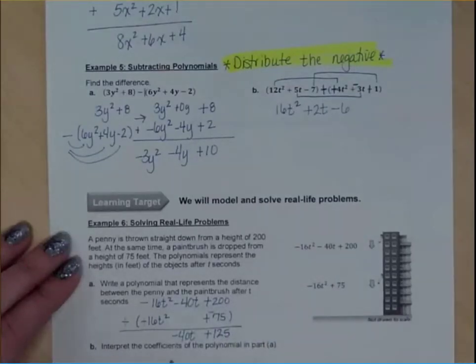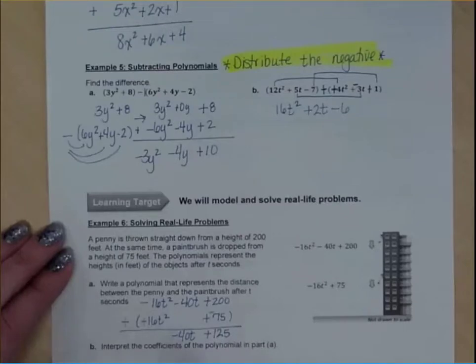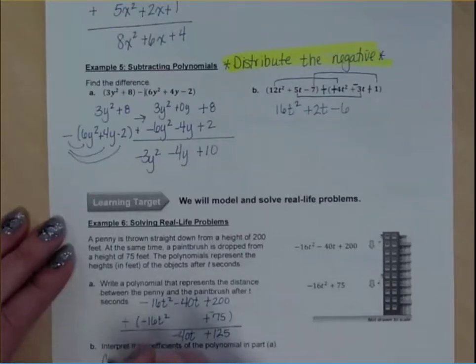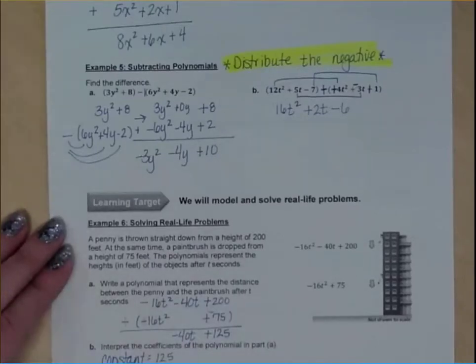So now let's interpret the coefficients of the polynomial here. So my constant, well, that's 125. And what does that represent?